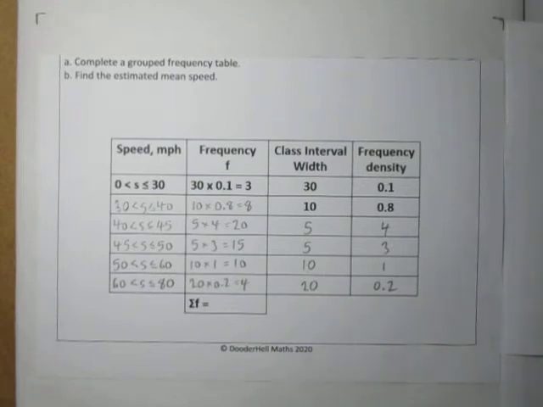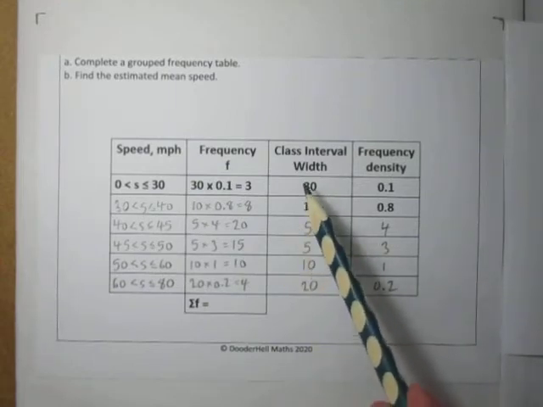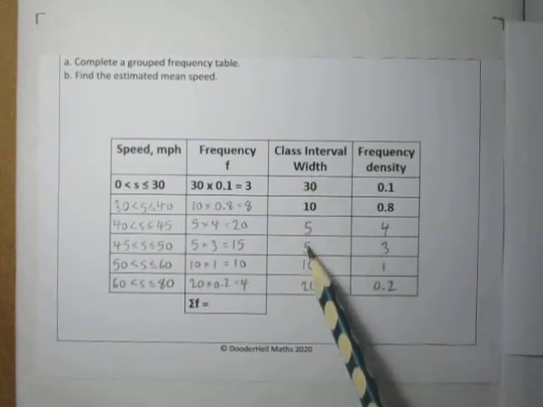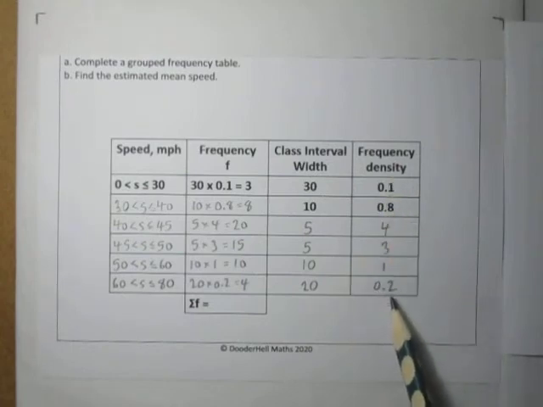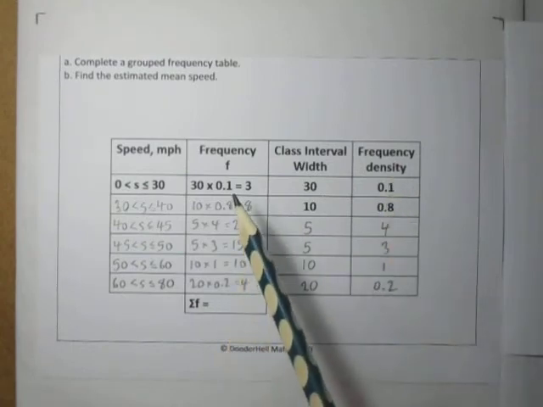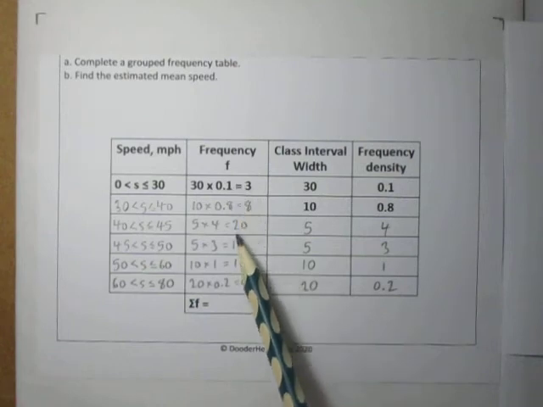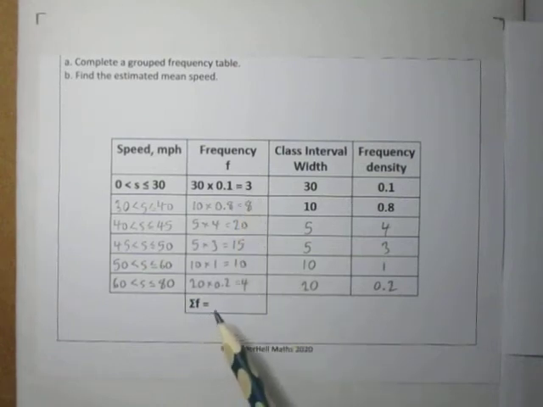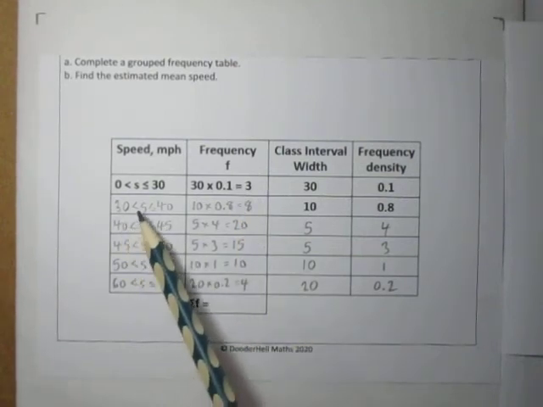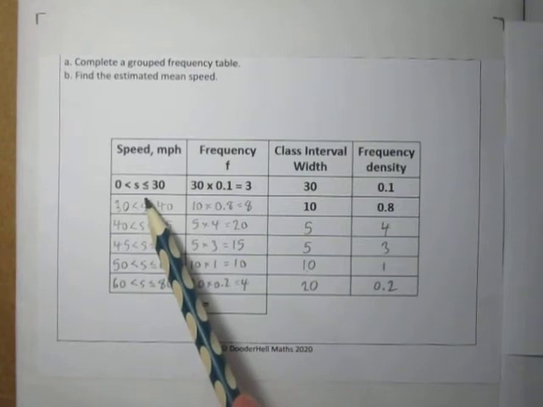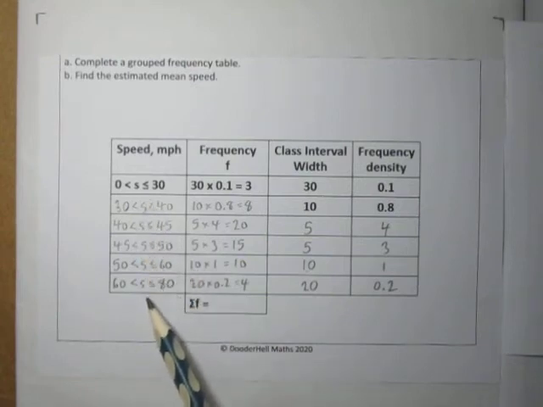So just to save some time, these are the two columns I had on the previous page, the class interval width and the frequency density. Here's the frequency that I've calculated using those values, and here are the class intervals that I've written down.